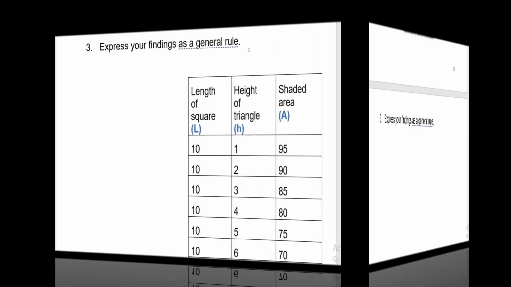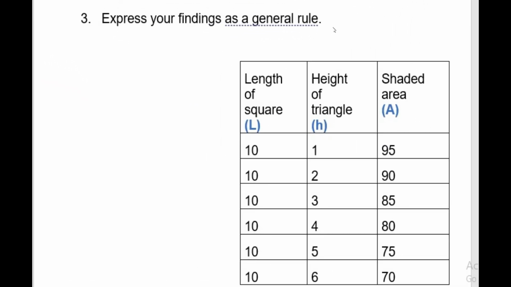Okay, in this part what we have to do is find the general rule between the shaded area and the height h. This height is the height of the triangle. So we have to find a formula which gives us the area for any particular value of h. As we studied in the last part, this is decreasing by 5 each time.